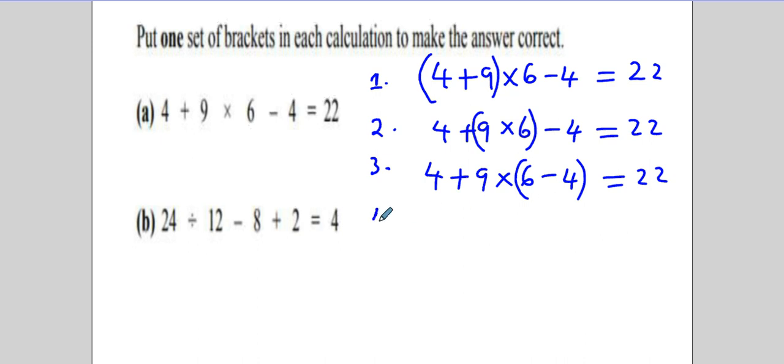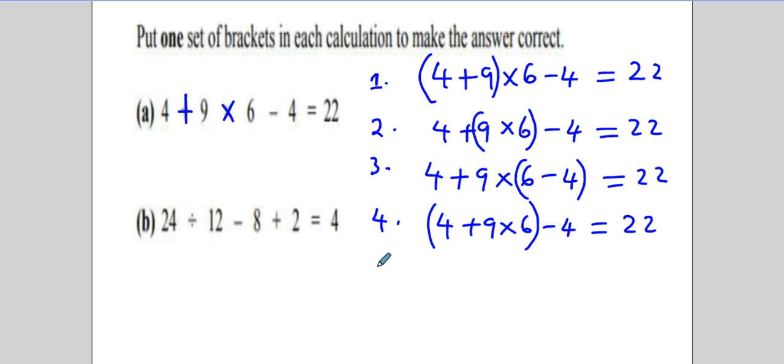Now, the fourth possibility will be putting both addition and multiplication in brackets. That will be 4 plus 9 times 6 minus 4 equals 22. Another possibility will be putting multiplication, addition, multiplication in one bracket.